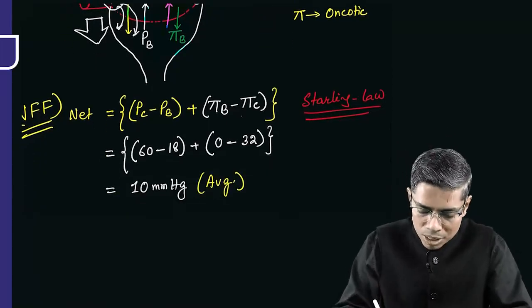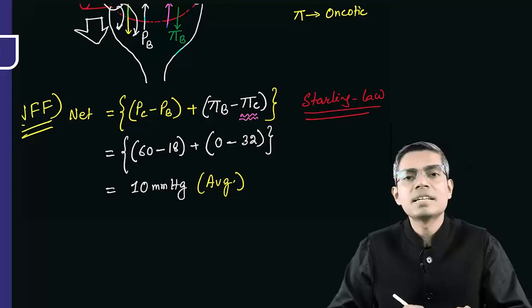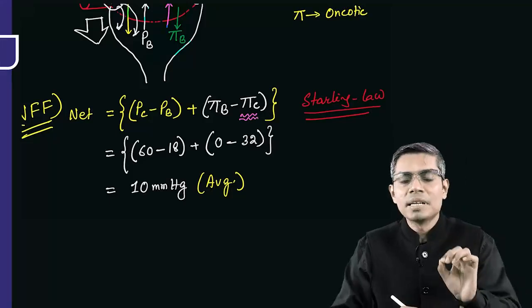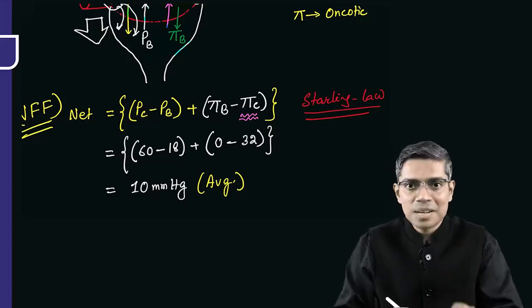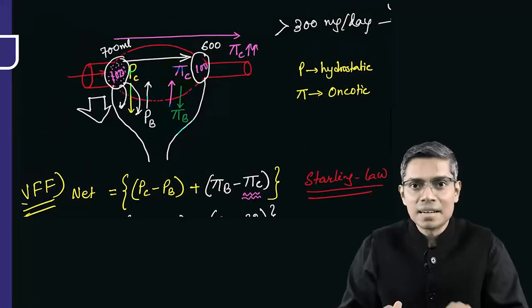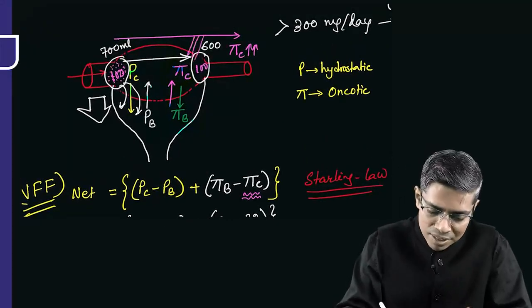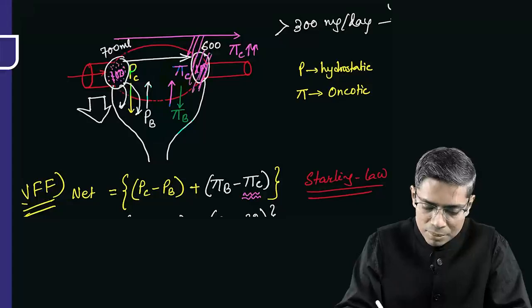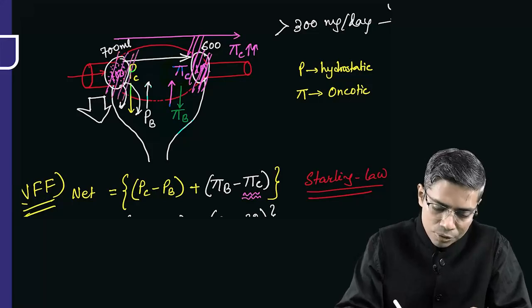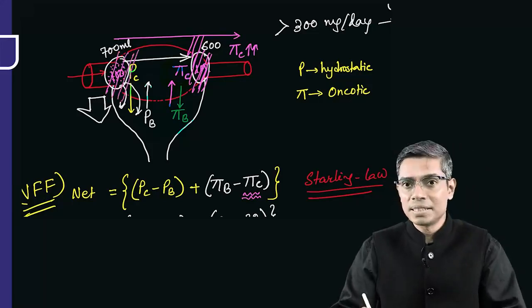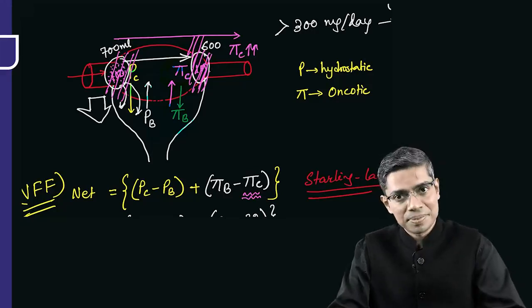And if the oncotic pressure of the capillary is increasing, it opposes filtration, meaning the filtration force will be lesser. That's why we can easily understand that the minimum filtration is going to happen at the efferent end of this capillary, and the maximum filtration is going to happen at the afferent end of the capillary, right?